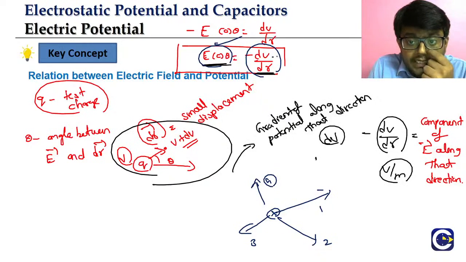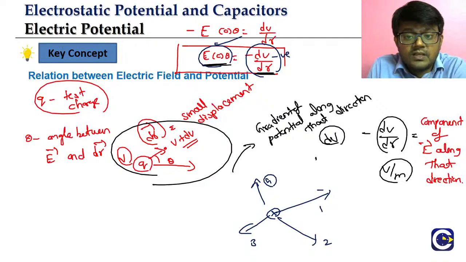Now, potential gradient is more negative means what? Minus into minus becomes plus. So because of that, the component of the electric field in the direction will become higher.